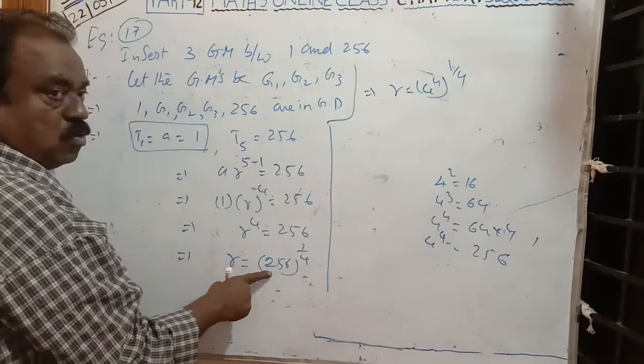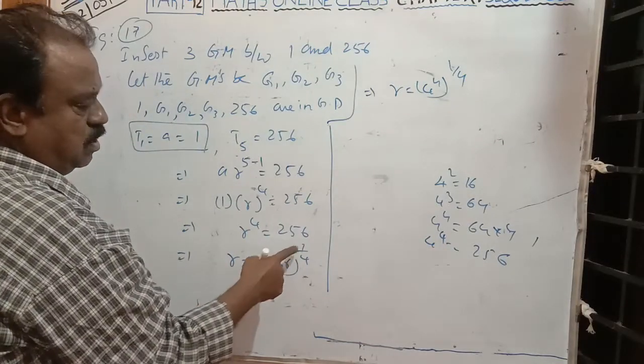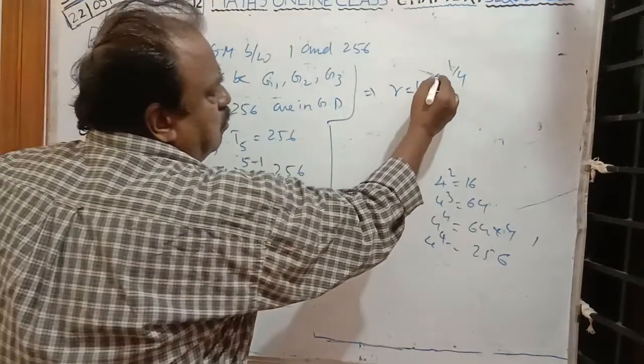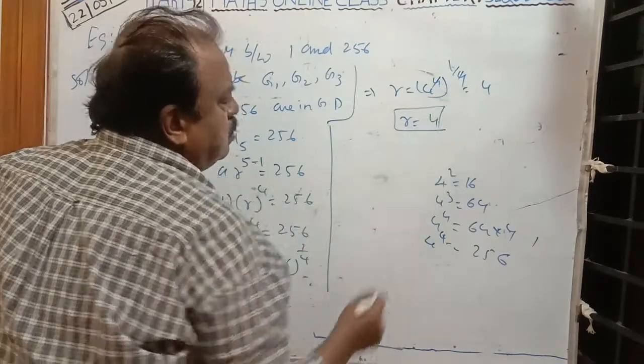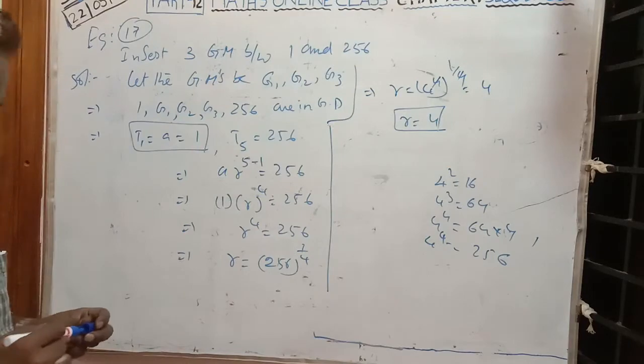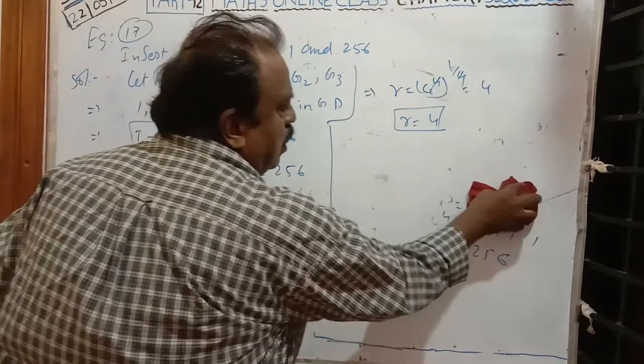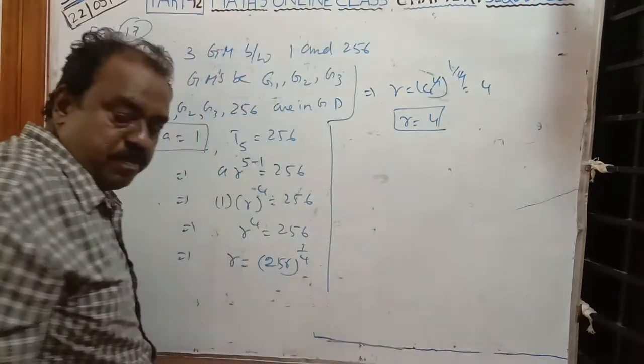Will you agree? So the index cancels, we get 4. So R is equal to 4. So A is known and R, the common ratio, is also obtained.